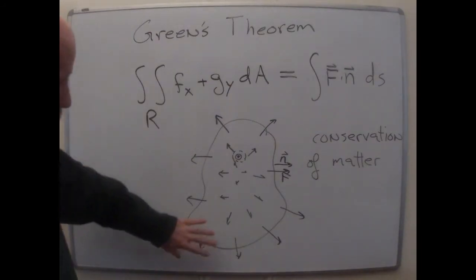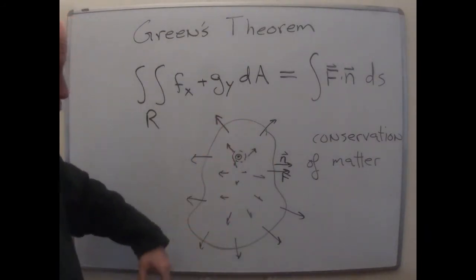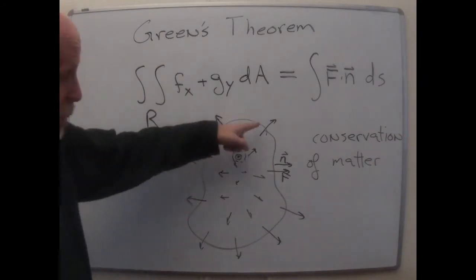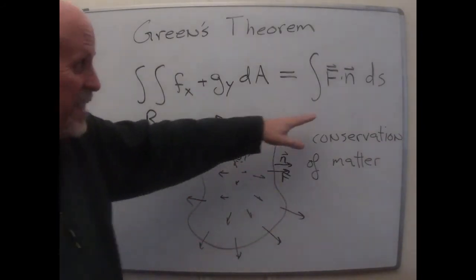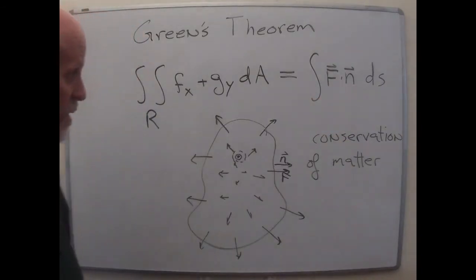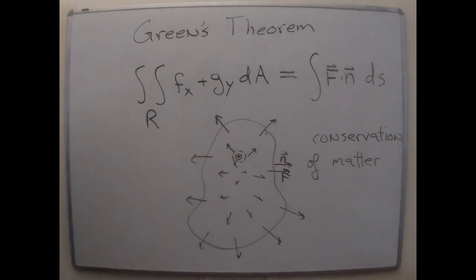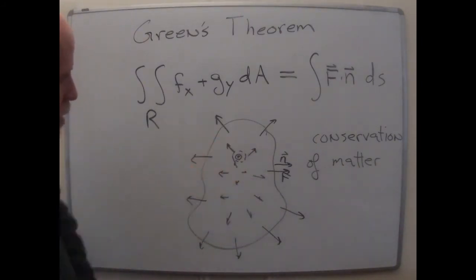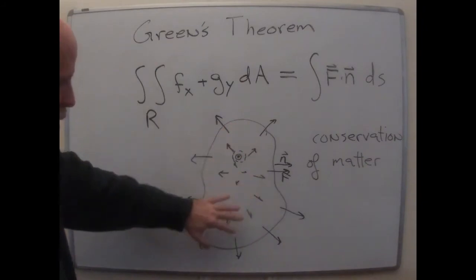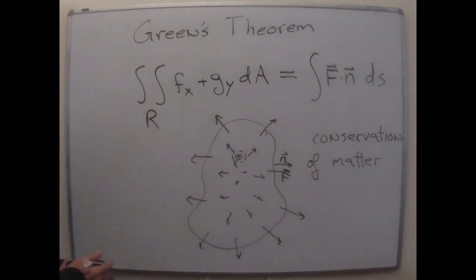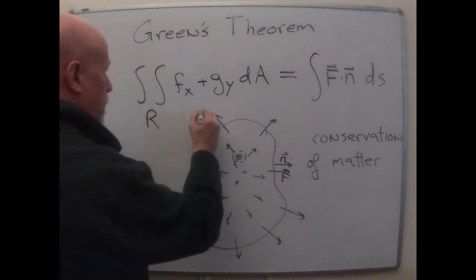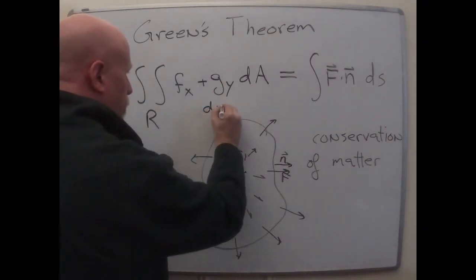And when you figure out across the whole region how much stuff is spreading apart, you can tally that up at the boundary. That's kind of the point. Our integral around the boundary of the flux across the surface is actually the same thing as all the individual amounts of spreading out that happens across the interior of the boundary. So this variant of Green's theorem, last thing to say about it, is called the divergence flux form.